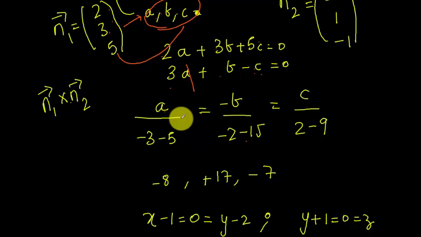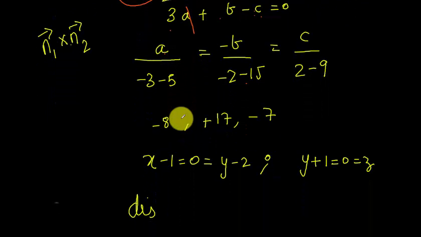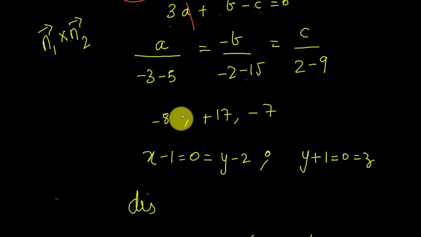Okay. How do we find the point of intersection? Because when I'm trying to represent the line, I will need the point of intersection. What I've basically done is I've got the equation as x minus some point, I don't know what that point is, and then y minus something divided by 17, which is in turn equal to z minus something divided by minus 7.